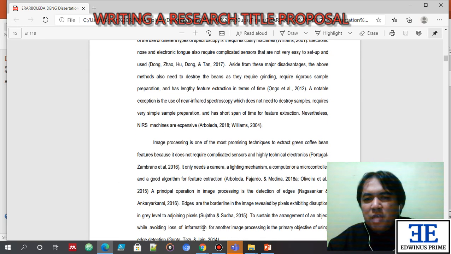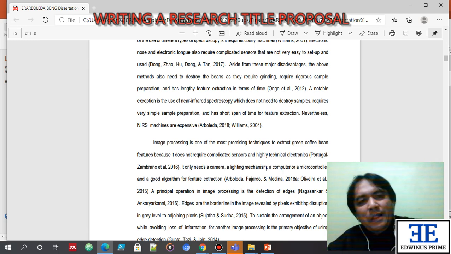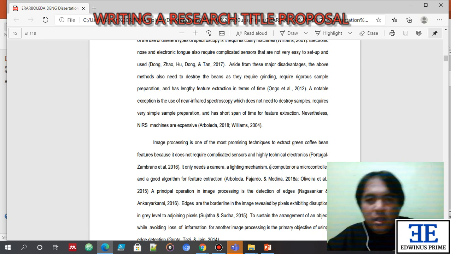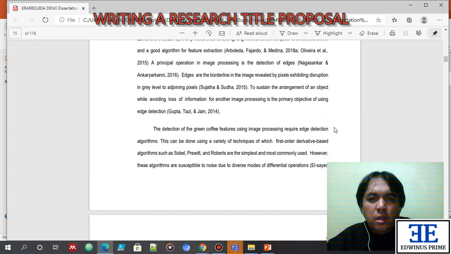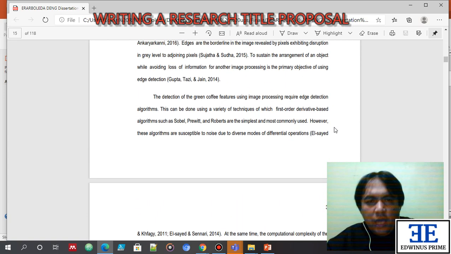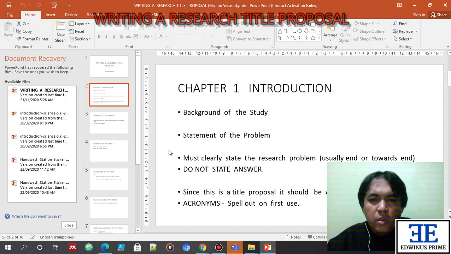Then I discuss image processing, the general technique of which my research is a part, and its advantages. Here comes the statement of the problem.